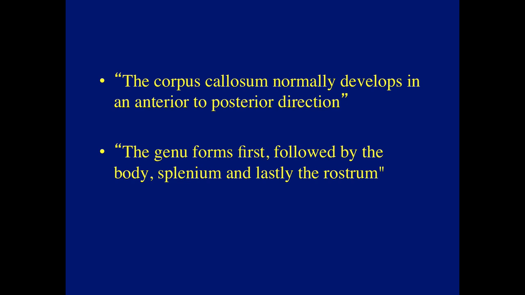The corpus callosum normally develops in an anterior to posterior direction. The genu forms first, followed by the body, splenium, and lastly the rostrum. That was for many years, and is still being quoted and taught as the correct way that the corpus callosum developed.